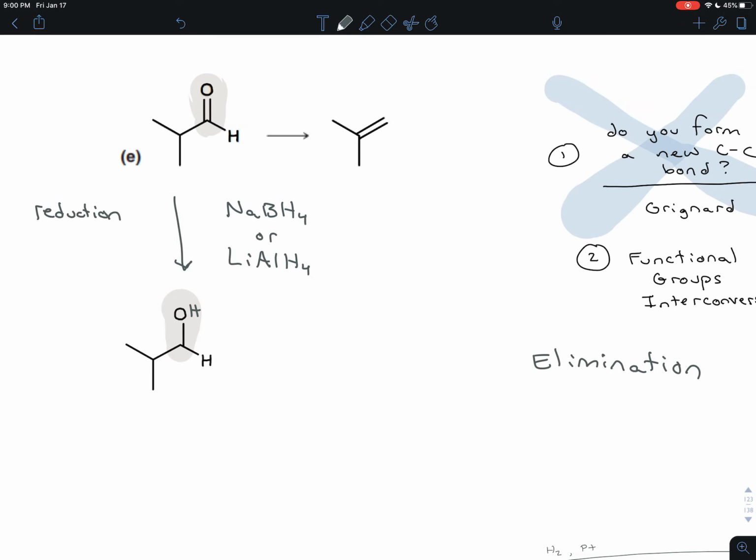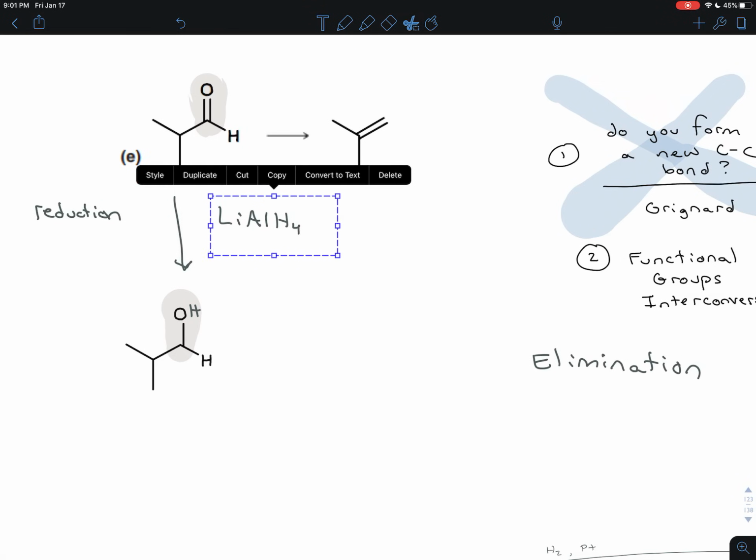But just in terms of simplifying your life, I might use lithium aluminum hydride all the time, except when you have both an aldehyde or ketone and a carboxylic acid on a molecule, and you only want to reduce the aldehyde or ketone. That's the case where you use sodium borohydride. Otherwise, lithium aluminum hydride would work.